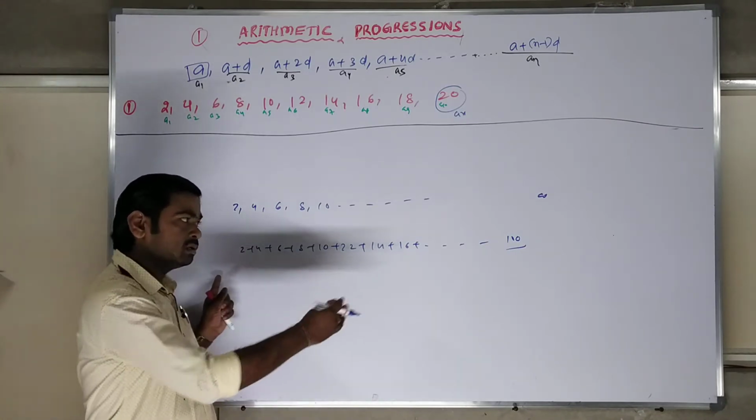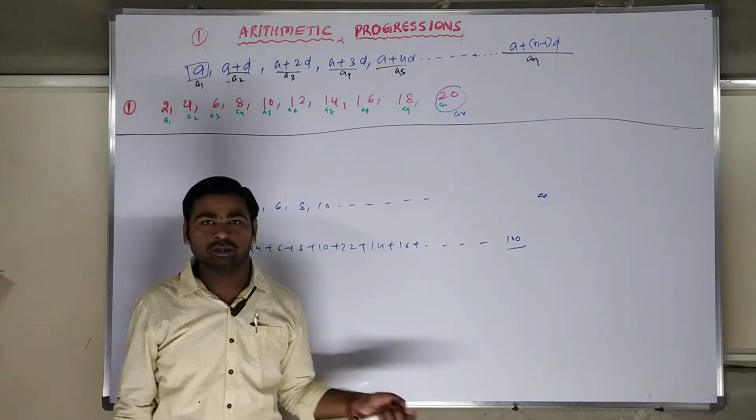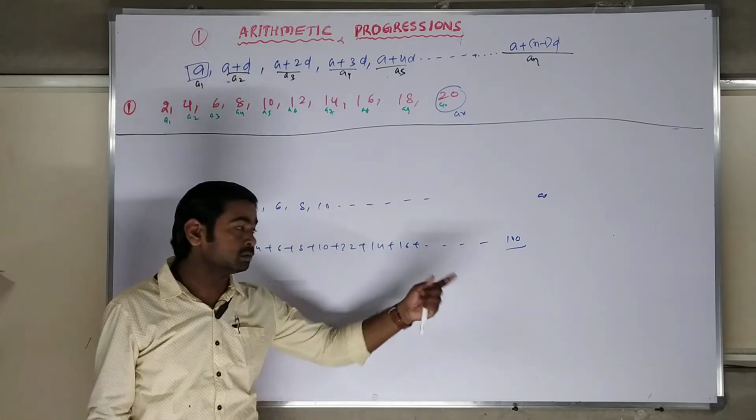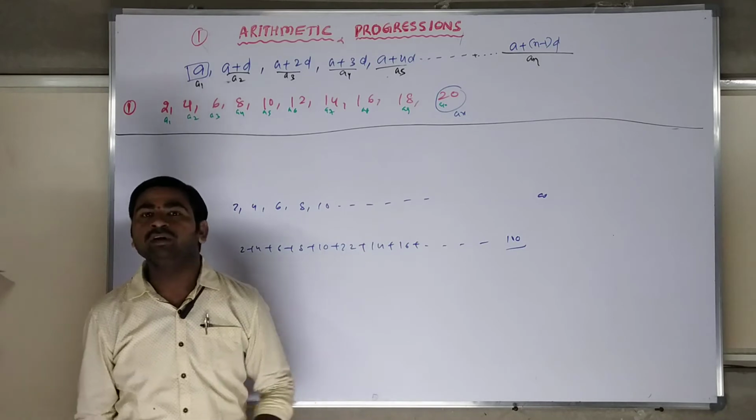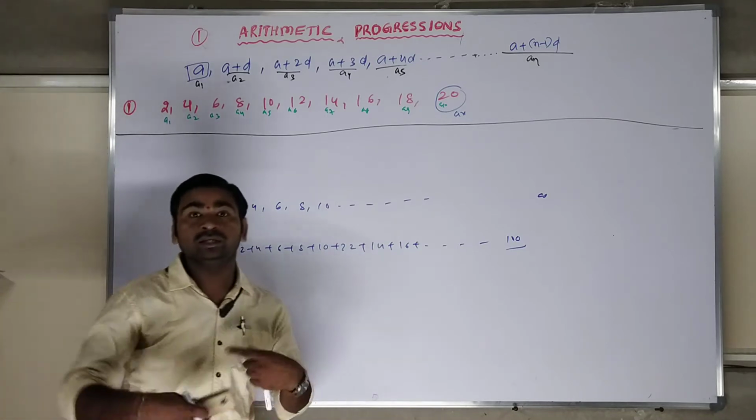To find the summation of some terms, either 5 terms, 6 terms, 50 terms or 100 terms, we have a direct formula if the series is in AP.